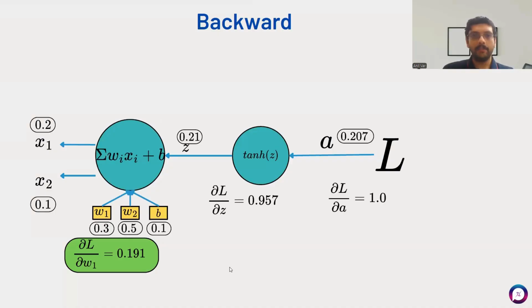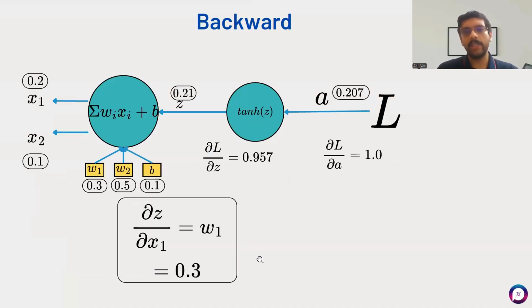We can do exactly the same for W2 and B. We already know what the derivative is. We've just looked at that in the linear part. Use the chain rule and you'll get the answer, so do try that out, and I'll show you the answer at the end in a couple of slides. Same thing for X1, the derivative of Z with respect to X1 is W1.